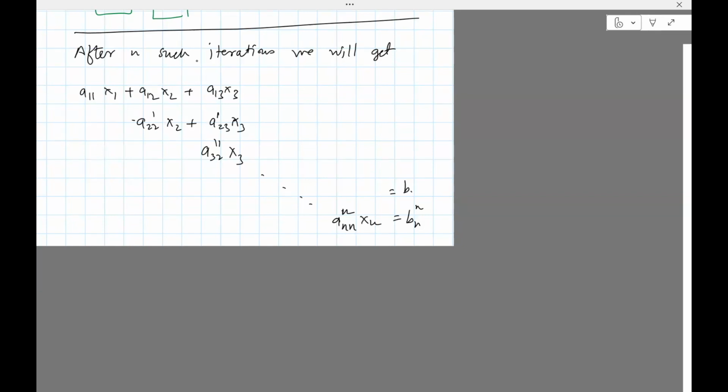A row before that would have two of these. So a n minus 1 n minus 1 xn minus 1 plus a n minus 1 n xn equals b n minus 1.